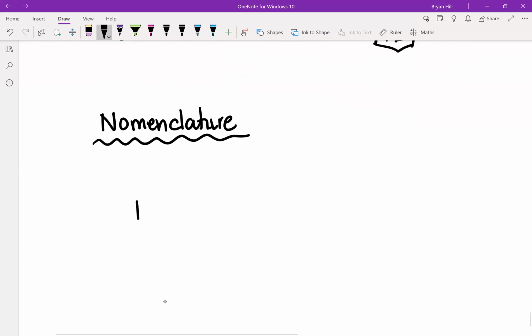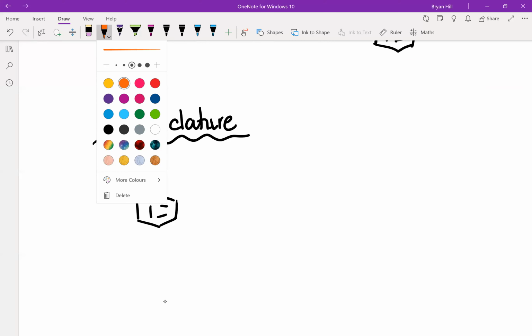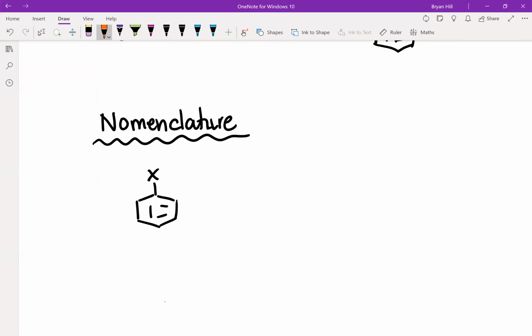So if you've got an aromatic ring and you've got some group here, X, there's two different ways that historically people have named rings. This would be position 1, 2, 3, and 4. Sometimes you look on a bottle of something and it might say 1,4-dimethylbenzene, for example.